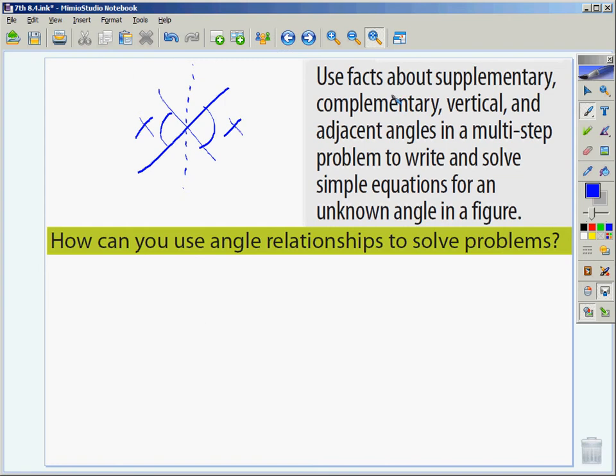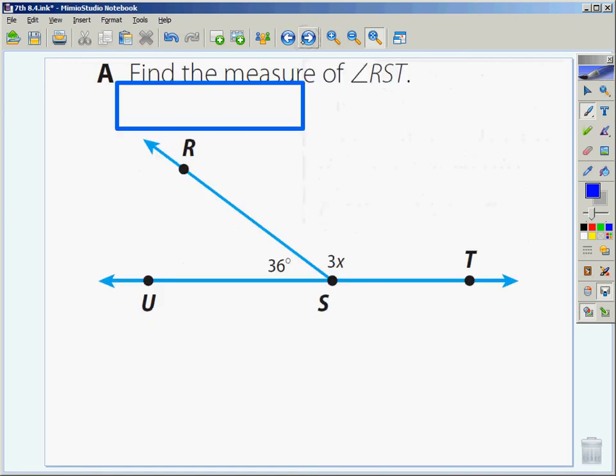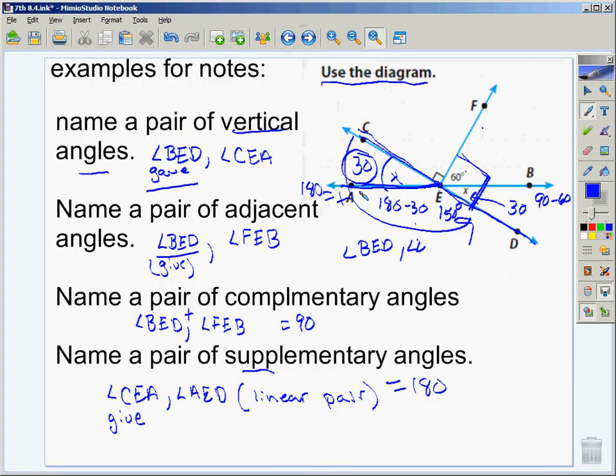How much do you feel you know about using the facts about supplementary, complementary, vertical, and adjacent angles to solve problems to find missing angle measurements? Okay? And then you're going to rate yourself one more time after you finish the assignment. I would expect that tomorrow I'd see people who have gone up a little bit.